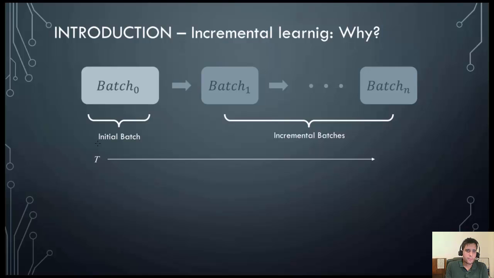And all these images are contained in an initial batch of data, batch 0. And just after some time steps, we can encounter a new batch of data, images of faces belonging to the same subjects. So we call these batches incremental batches.